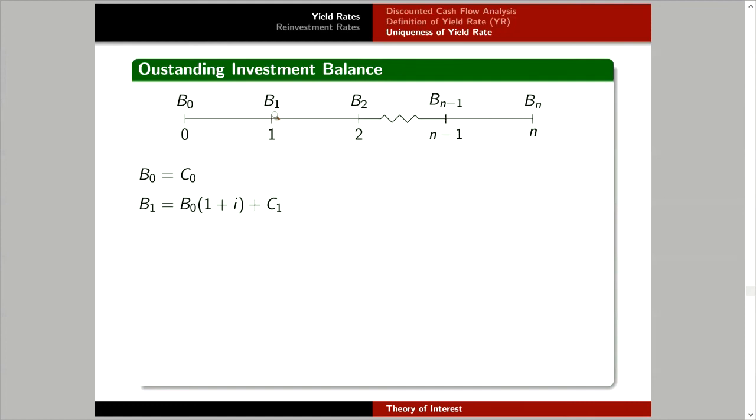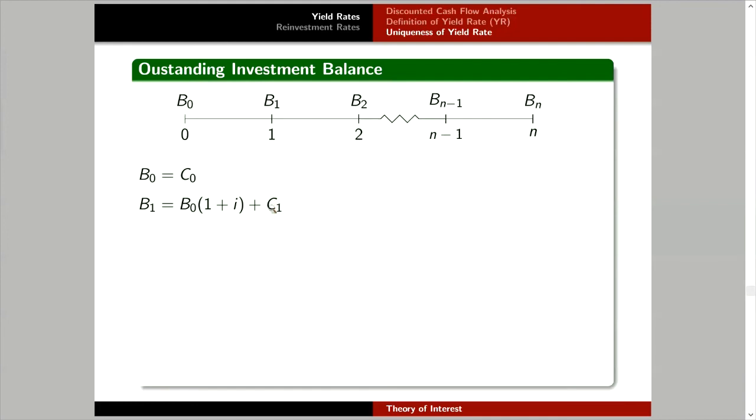Now, how do we compute for B sub 1? Well, ganito lang yon. The investment balance at time 1 is equal to the accumulated value of B sub 0. I-accumulate mo lang si B sub 0 ng 1 period. So that's simply multiplying it by 1 plus i, plus this deposit or contributions.